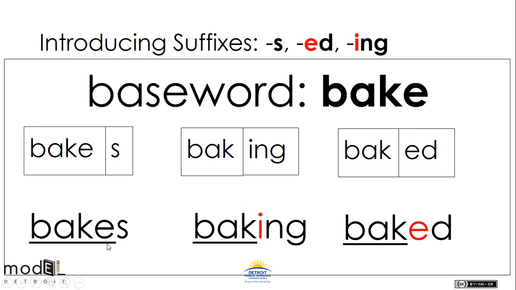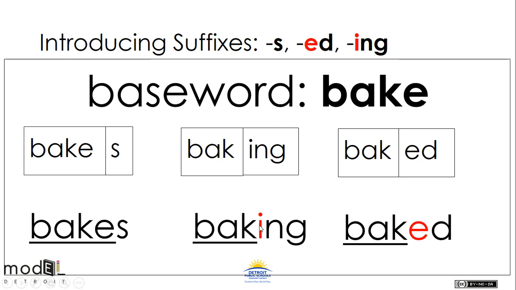When I look at the word bakes, I can clearly see that it has the base word bake. Let's move to this word. I see the suffix ing, but I would expect this to be back. But I know it's not back because back is spelled B-A-C-K. And backing doesn't make sense.